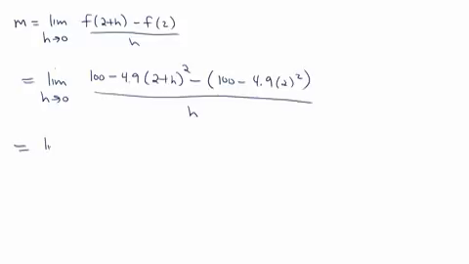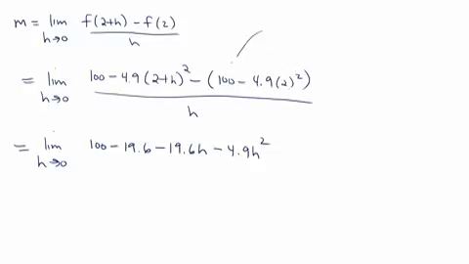This is equal to the limit as h approaches 0. We're going to go ahead and expand the binomial, the quantity 2 plus h squared, and then multiply each of those terms times the negative 4.9. So we would get 100 minus 19.6 minus 19.6h minus 4.9h squared.